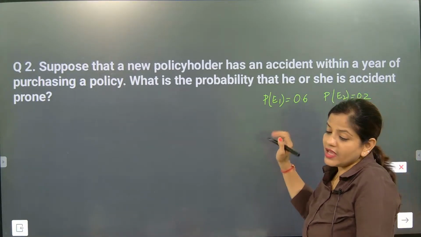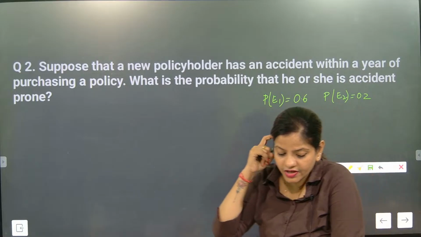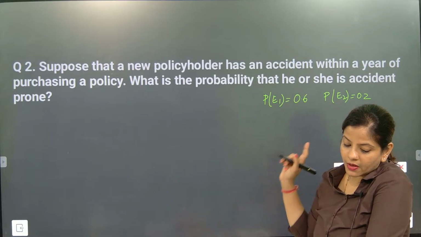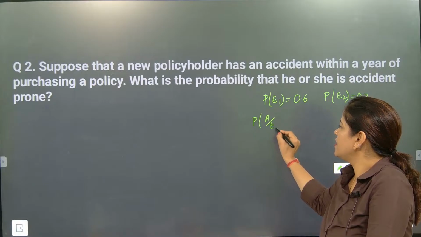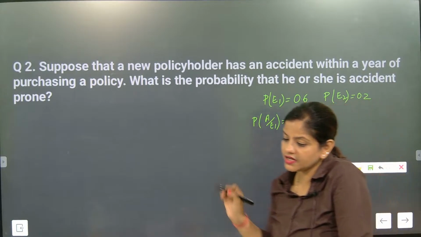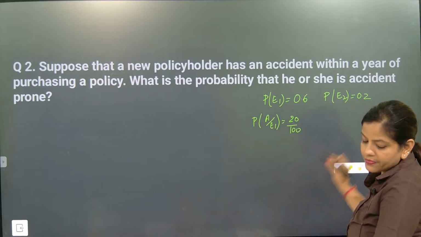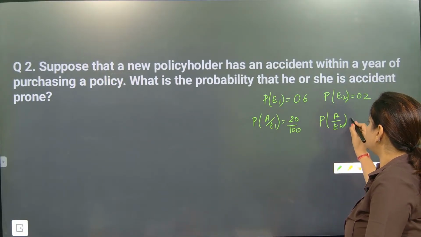P of A was accident within a year. After that we have written P of A by E1, and that was coming as 20%, people having an accident within a year, and those people not having an accident within a year is 80%.